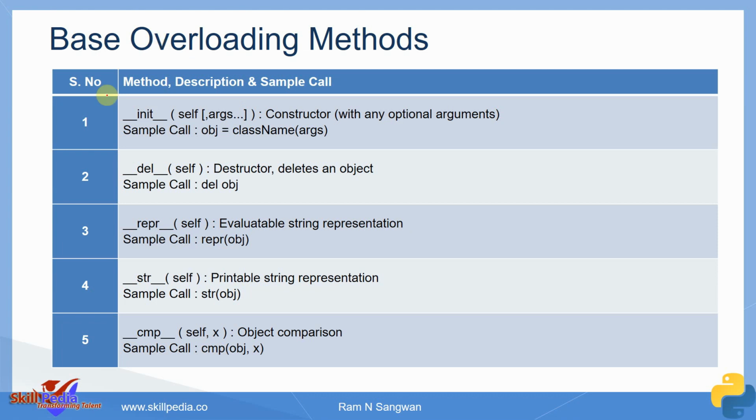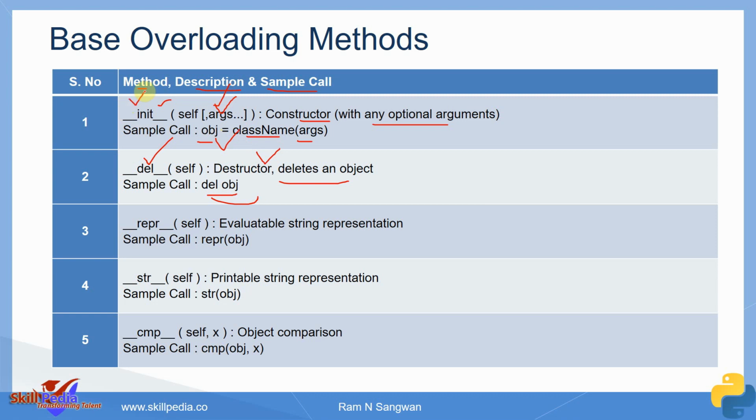Base overriding methods: method, description and sample call. init, self, arguments, is the constructor with any optional arguments. Sample call is object equal to class name and you pass the arguments. Similarly, del, that is the destructor, deletes an object. Sample call is del object. So when you delete the object, the destructor will be called. When you initialize an object, the constructor will be called.